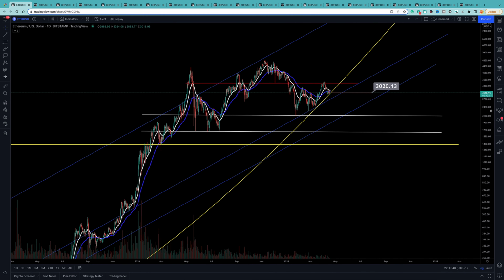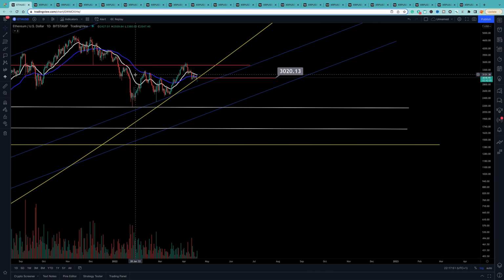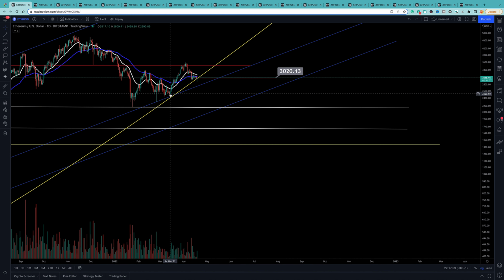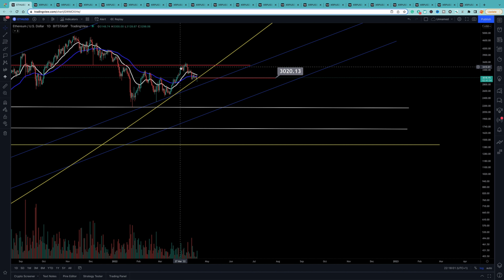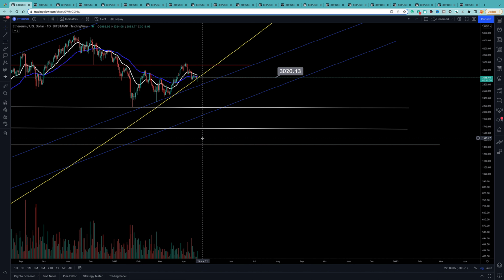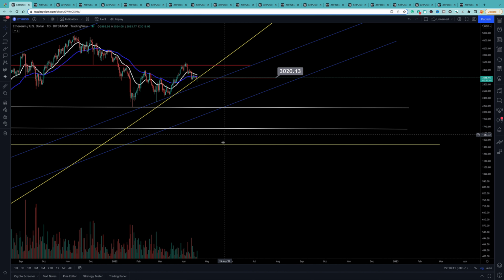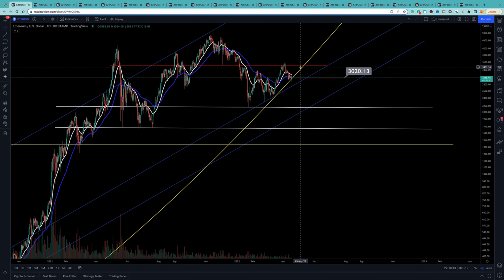Okay, and then we're into the triple bottom. 1, 2, and this is the same question I have for Bitcoin. Is this 3 because it falls short, and then it goes for the final lift, and then we're heading down? Or is it 1, 2, 3, and then we turn around and we get our lift?